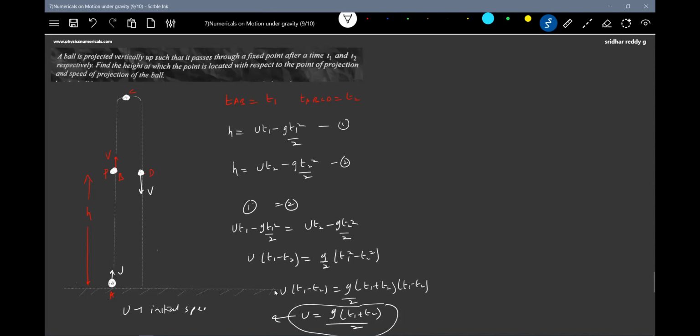U is the initial speed of projection of the ball. Find the height, it is asking for H. Okay, this equation 3 I'll put in either 1 or 2. Put 3 in 1: H equals U times T1, where the value of U is g(T1 plus T2) by 2, minus G T1 square by 2.